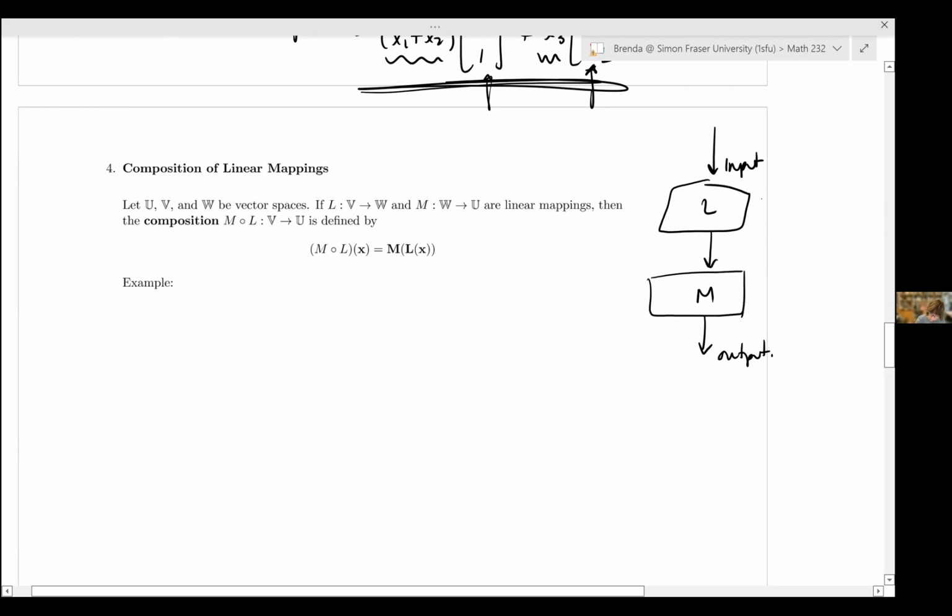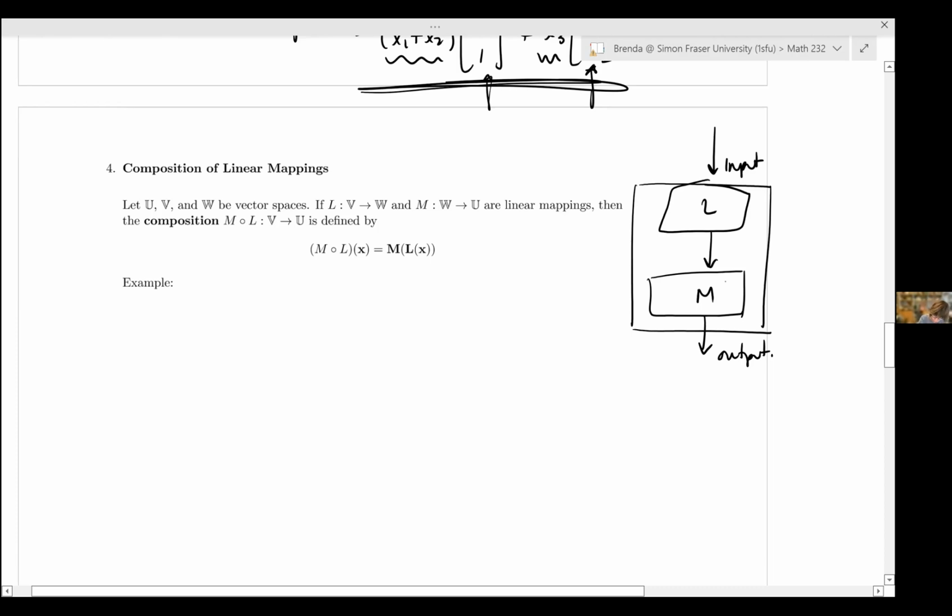And if we are thinking of putting these together in a big box, then what we're thinking is that the relationship between the input and output here is first L and then M, and then that is a composition.